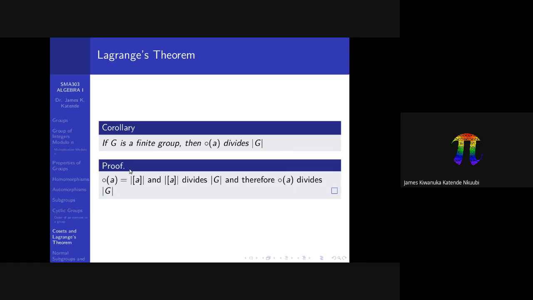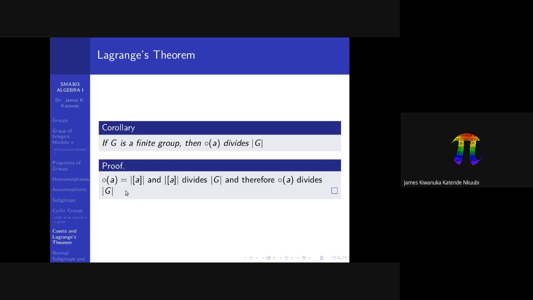We earlier saw that the order of an element A in G is the same as the number of elements in the cyclic subgroup generated by that element. Remember, we denoted the cyclic subgroup generated by A using these square brackets around A. So this notation simply means the cyclic subgroup generated by A, and the number of elements in it is equal to the order of A. Now, if you apply Lagrange's theorem, since this is a subgroup, the number of elements in the subgroup must divide the number of elements in the group.